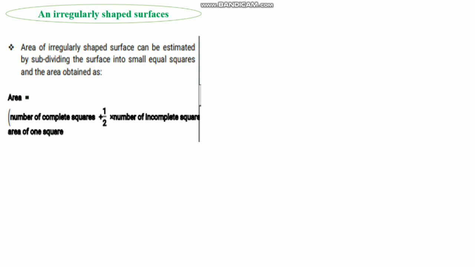If you divide that irregular surface into those subsections, you can calculate the area as the number of complete squares plus the number of incomplete squares divided by two. The sum will give you the area of an irregular shaped surface.